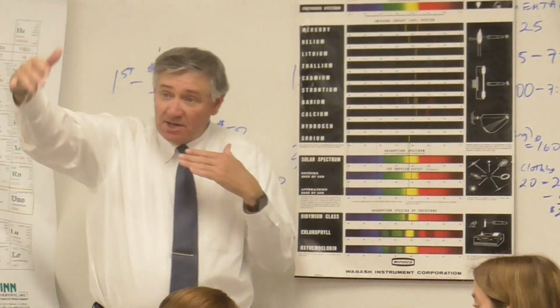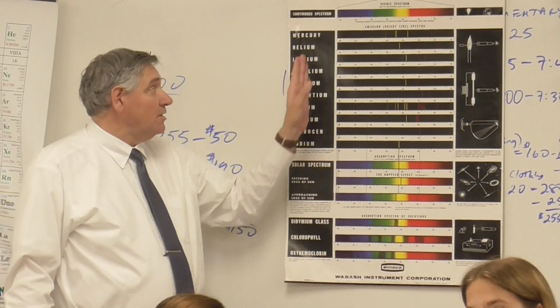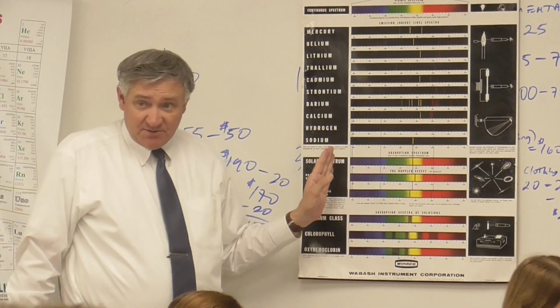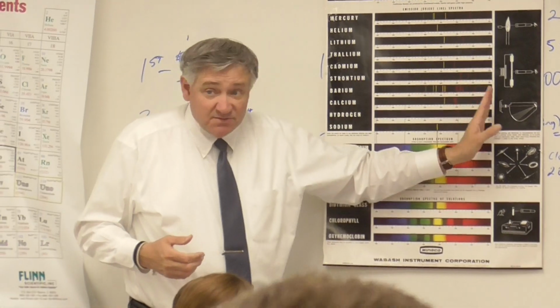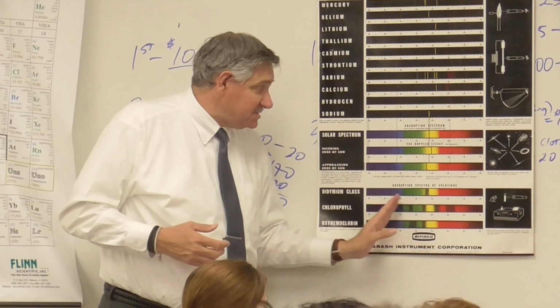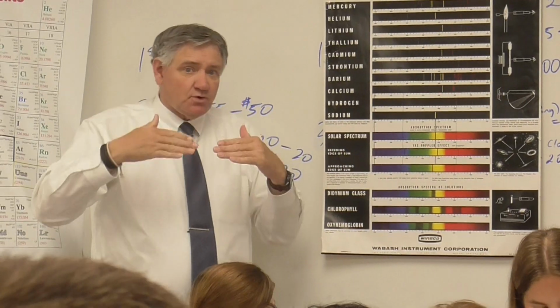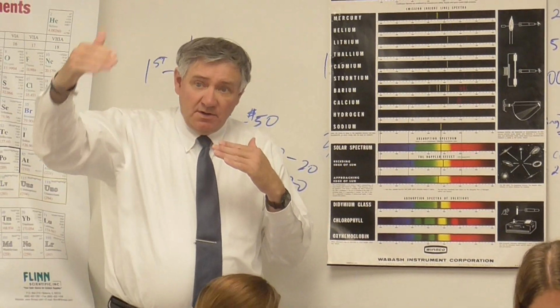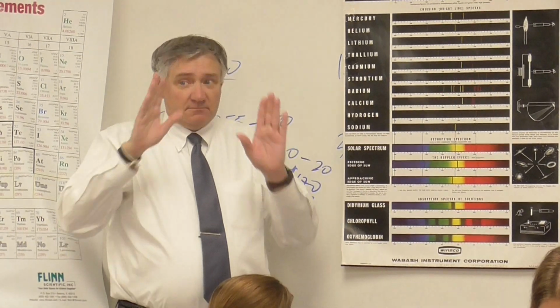It's jumping up to an energy level, and that's why you have gaps. Bright line spectrums, the emission spectrums, have a whole bunch of lines. Absorption spectrums are much simpler because they can only absorb energy coming out of the ground state. See the difference between the two?